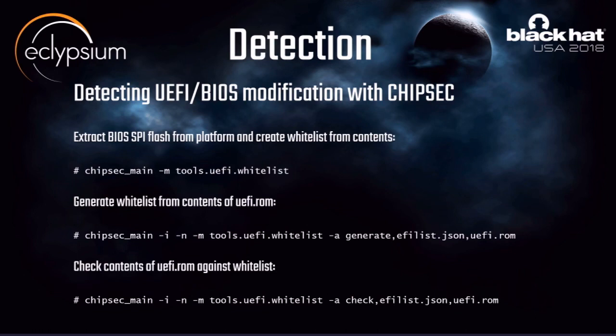So if somebody has already modified your BIOS, a useful way to detect modifications to the system after the fact is you can use the chipsec tool, which is a really useful framework for exploring hardware interfaces in the system. You can use it to check for known misconfigurations.